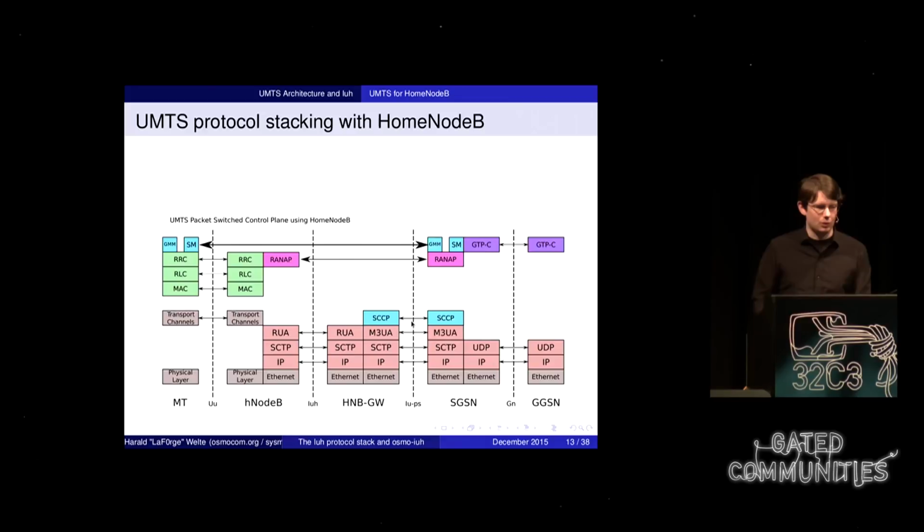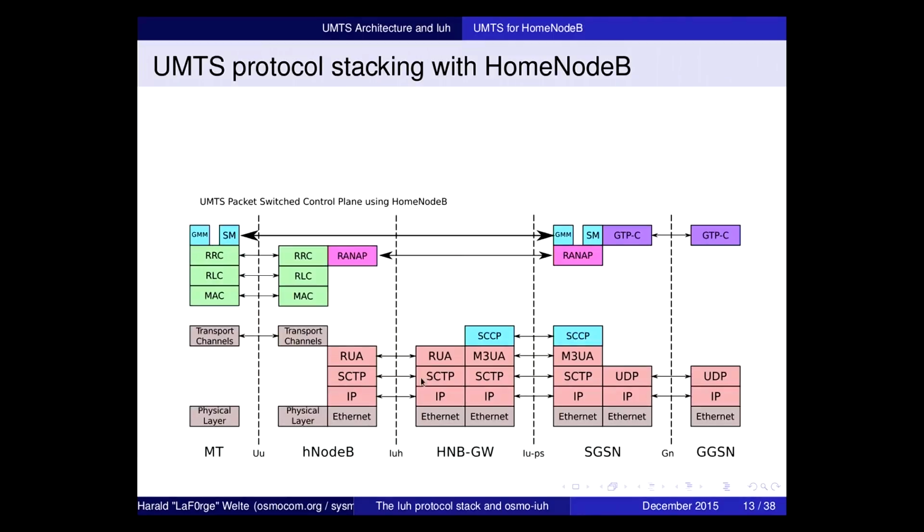I already mentioned this home node B gateway, which basically passes RANAP from left to right and just changes the underlying encapsulation. Why don't we just continue using RUA up into the SGSN and thereby avoid having to do SCCP and M3UA, avoid having to implement more protocols without having any functional gain? I mean, it would just work the same way if we take RUA all the way into the SGSN.